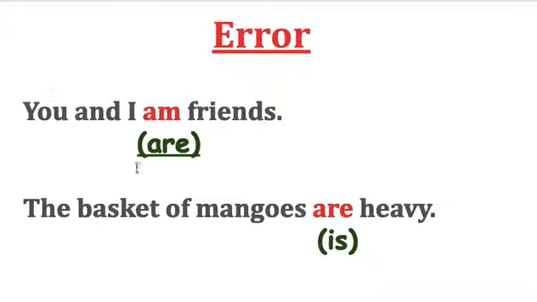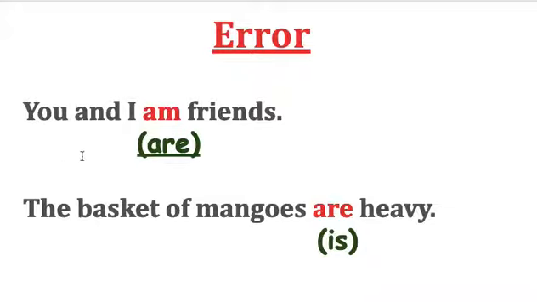But no, we have to understand the grammar rule. This is not based on subject-verb agreement, but when we apply the principle of subject-verb agreement, what happens? You is one subject and I is one more subject. When we combine them, it becomes compound. So you and I are getting combined, and they are becoming from one to two. So two is definitely plural.